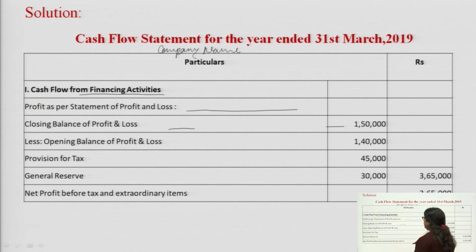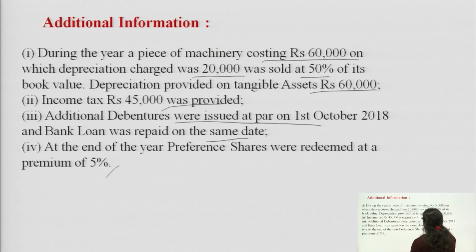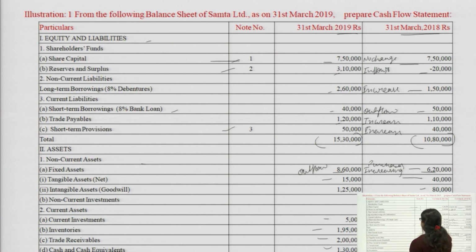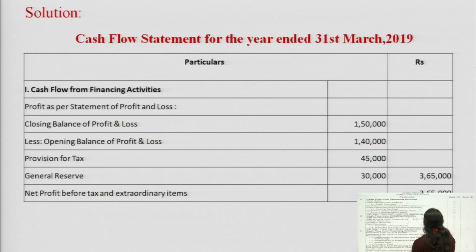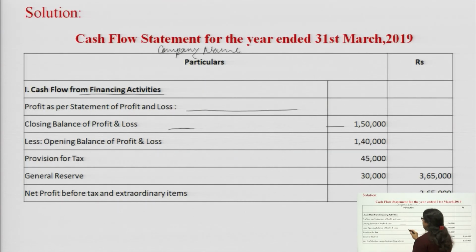From where have we taken this, we will check here. The profit and loss is given here as 1,50,000. This is the current balance, so we will consider this year's balance only. Second, the opening balance was 1,40,000.